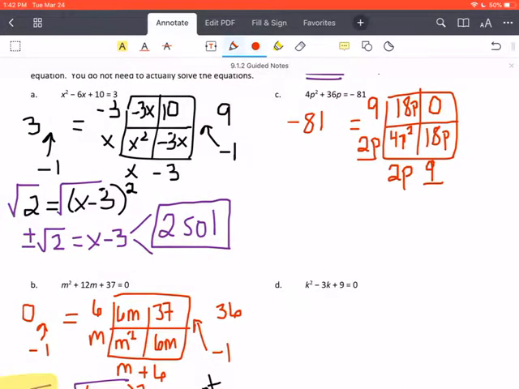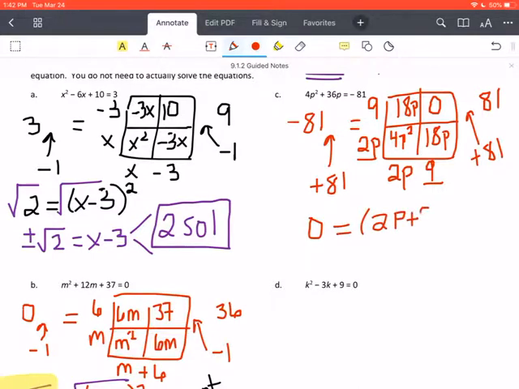So from this point, we need to think about, okay, 9 times 9 is 81, so how do I get from 0 to 81? I have to add 81. So if I add 81 to this side and I add 81 to this side, okay, negative 81 plus 81 is 0, and I have equals 2p plus 9 squared.